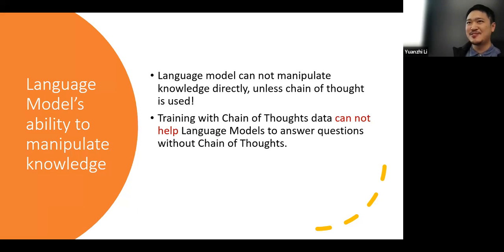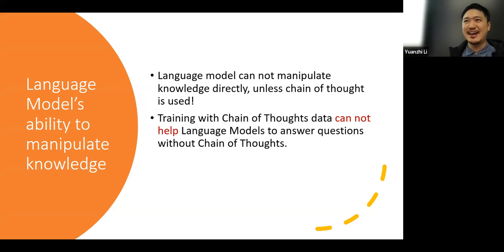And training on chain of thought, which means you teach a model how to think, doesn't help the model generate the answer correctly. This means, for example, for many knowledge benchmarks like MMLU, which ask the model to predict the answer directly, it's skeptical whether the evaluation result is actually valid, because the models cannot even extract the knowledge and do a single operation on it.